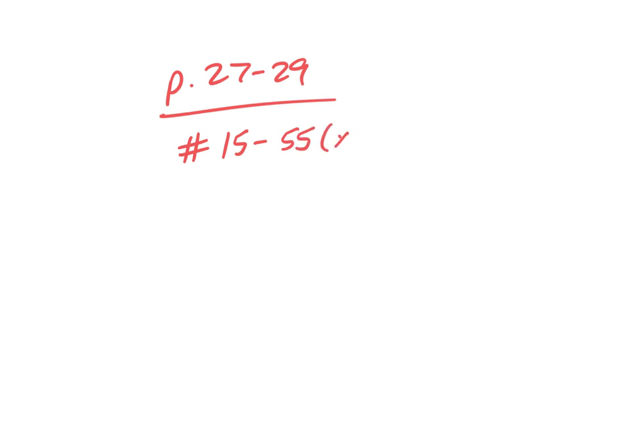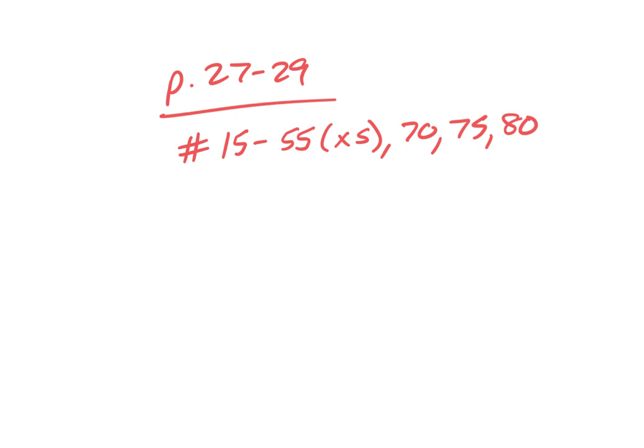Okay, assignment for today. Okay, what the by 5 means is because there's so many problems in these sections, I don't like evens and odds because I try to get a lot of different variations of problems. So we're counting by 5s.